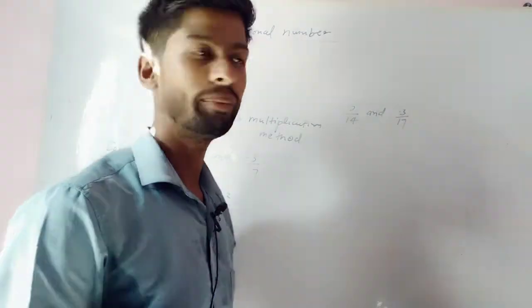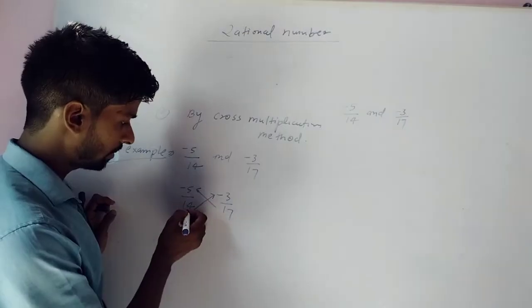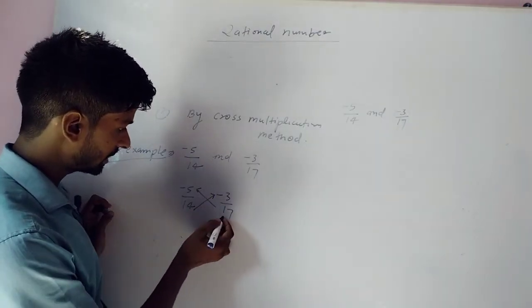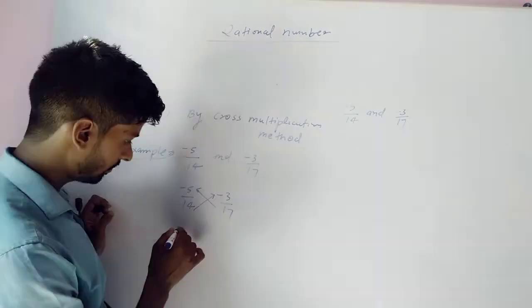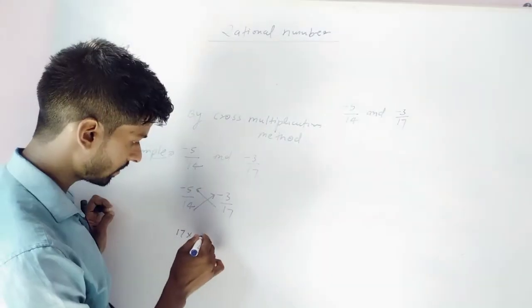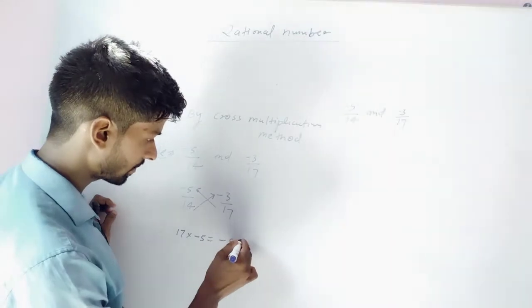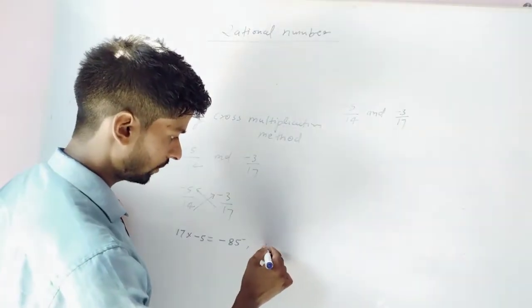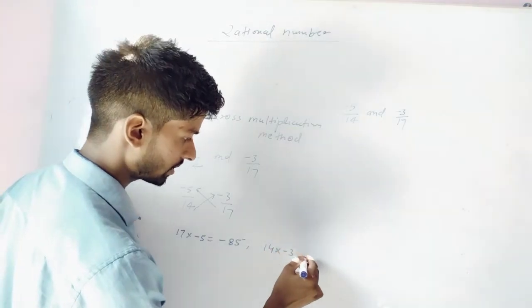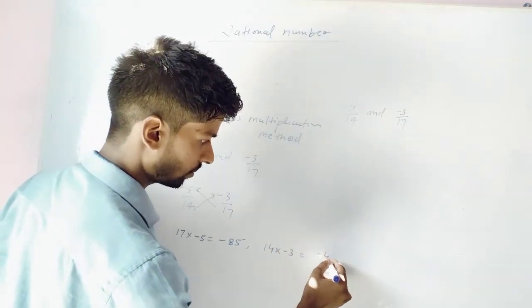So now we have -5/14 and cross. 17 multiplied by -5 is equal to -85, and 14 multiplied by -3 is equal to -42.